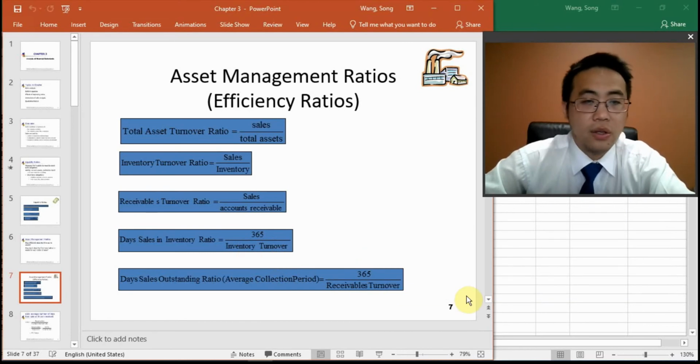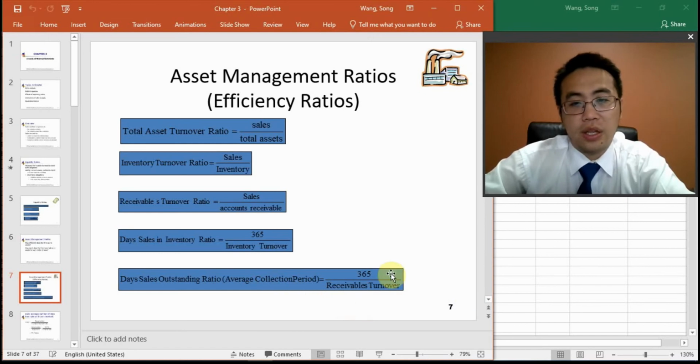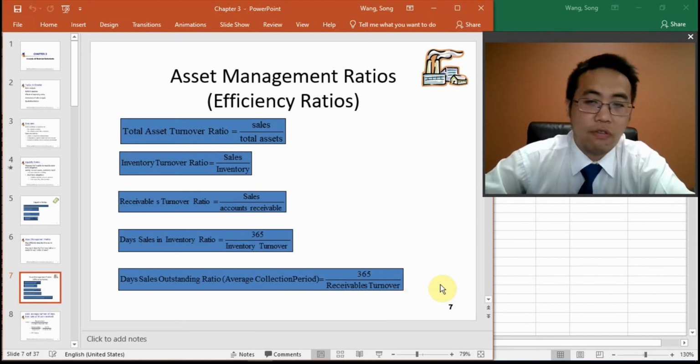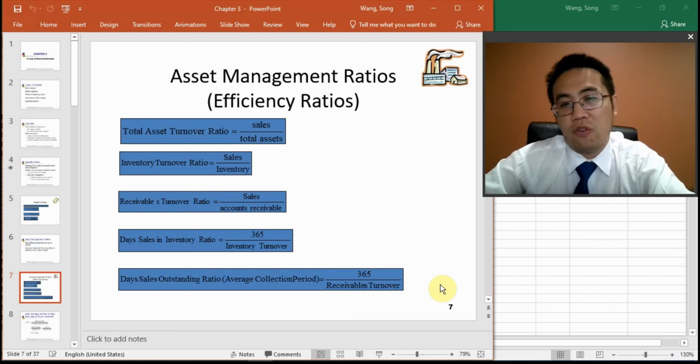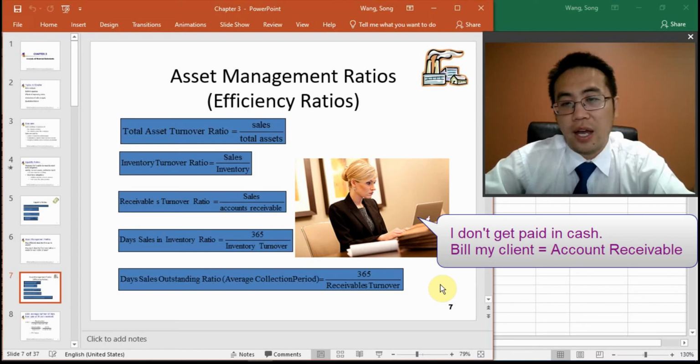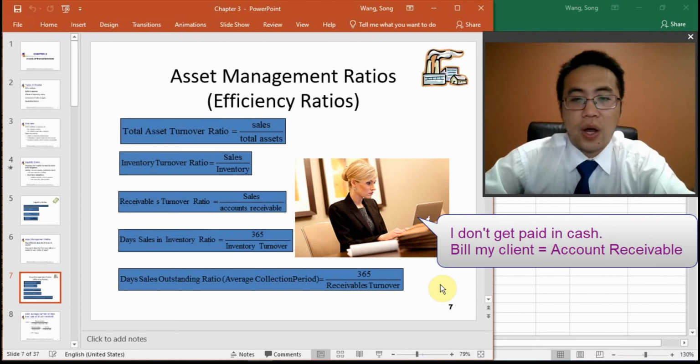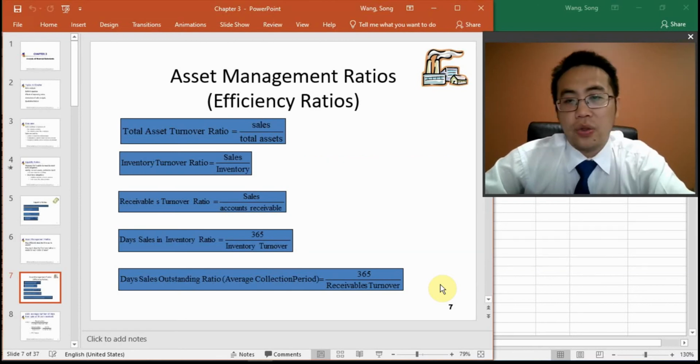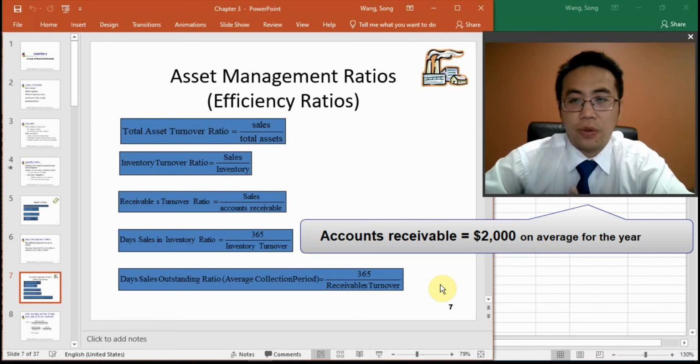Likewise, you can derive the average collection period, which is the number of days in a year divided by receivables turnover. For example, if you are a divorce lawyer, after you render your service, you will bill your client. Let's say throughout the year, you always maintain $2,000 worth of accounts receivable. This accounts receivable will be outstanding and collected, then outstanding again and collected.